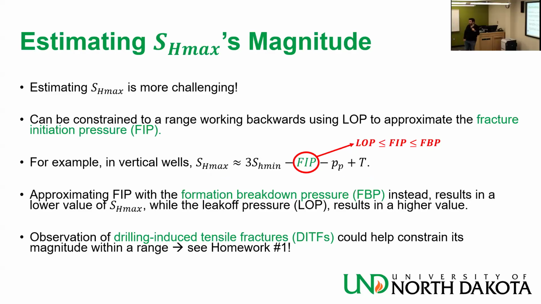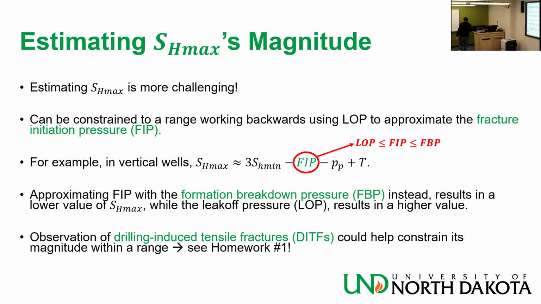Sometimes, under the right circumstances, which we're going to see in the first homework, you can use the observation of what we call drilling-induced tensile fractures to constrain the magnitude of SH max under favorable conditions. People have done it in Australia and those areas, strike slip reverse faulting areas.